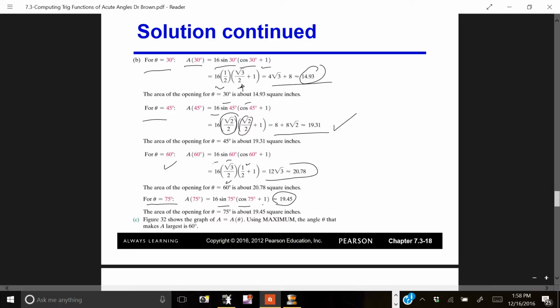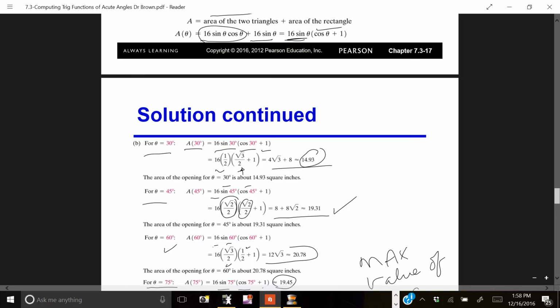Now, we want to find the maximum value of the area. And I want to put it in our calculator and graph it.